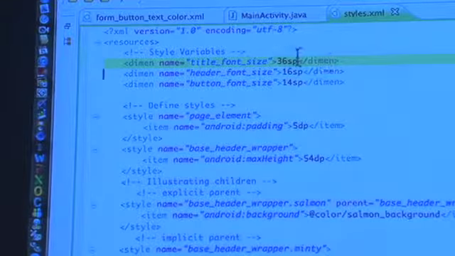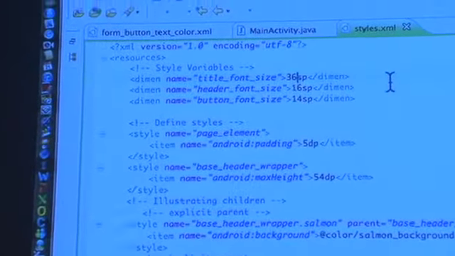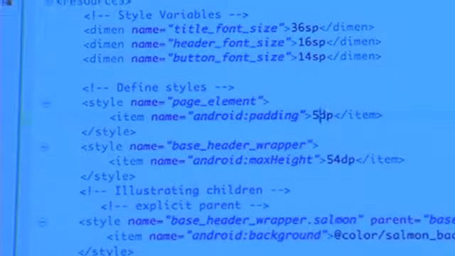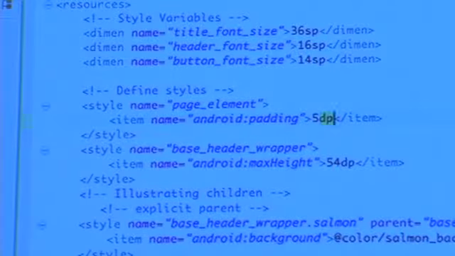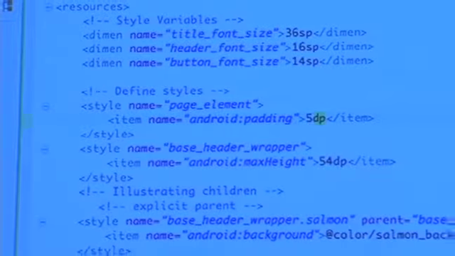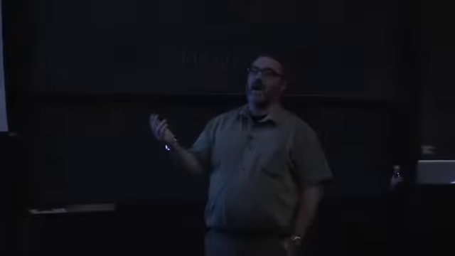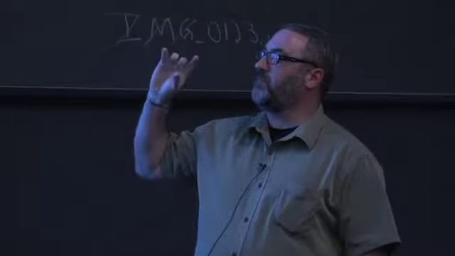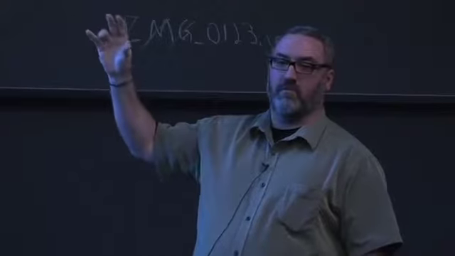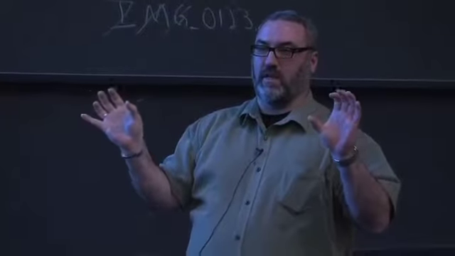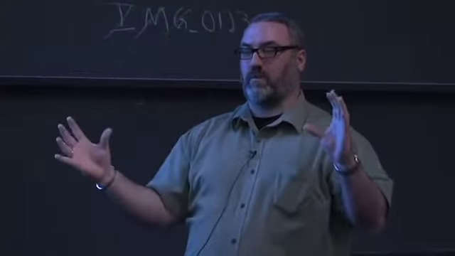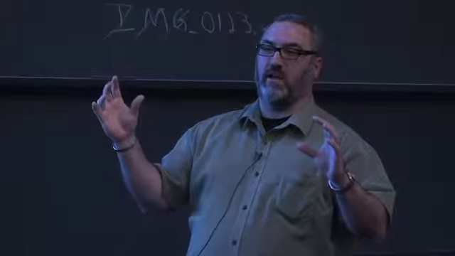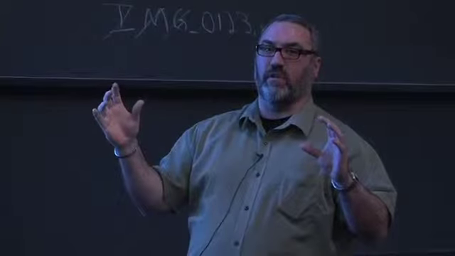The other important things that we've got here are SP and DP. These are used so that regardless of whether you've got high, medium, or low density devices, the relative layout across the screen will stay equivalent.